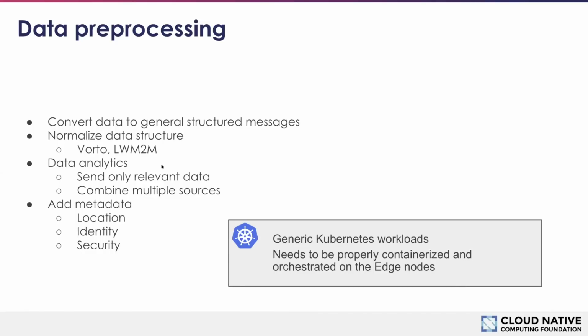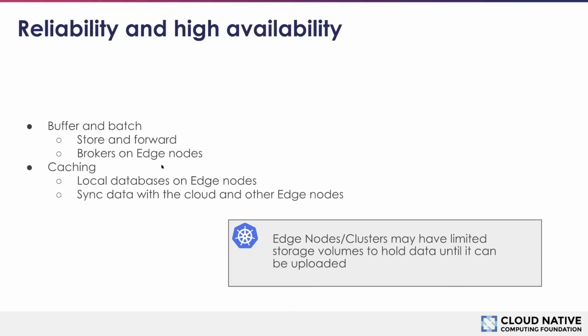As the slide says, there's nothing specific about these workloads. Again, they need to be properly containerized and scheduled to appropriate edge nodes or clusters, depending on the particular deployment.